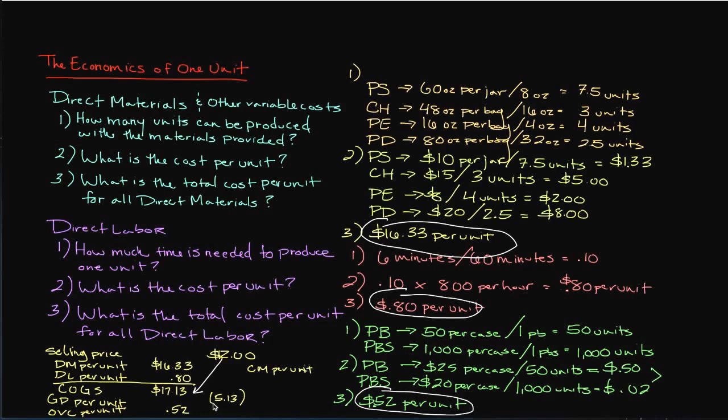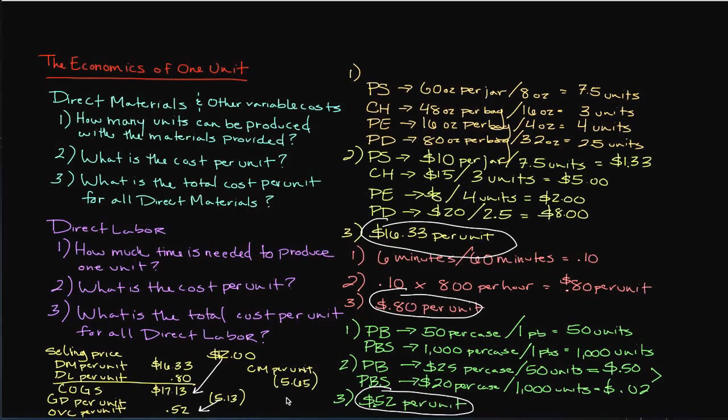And we're going to take this 5.13, and we're going to add 52 cents because it's already a negative number. And that's going to get us $5.65. So what this means, and I apologize for not having enough space here, is that for every unit that we sell, we will be losing $5.65. And this is just on the variable cost.